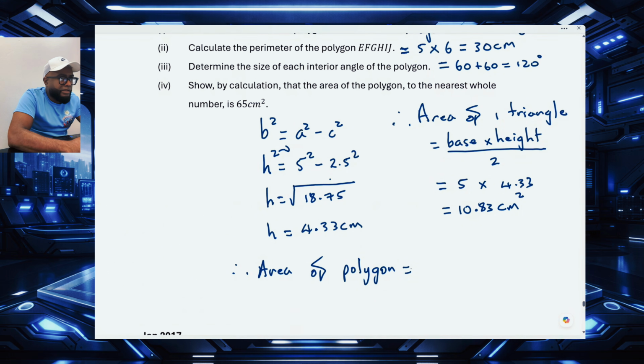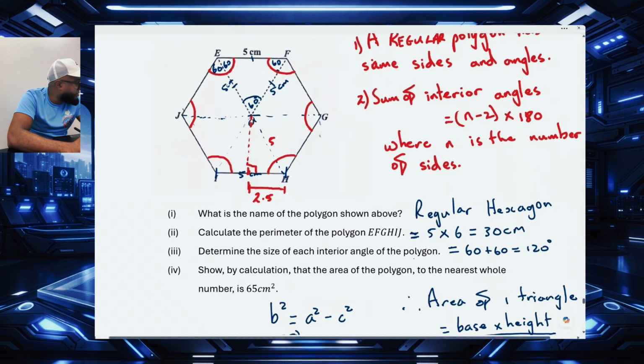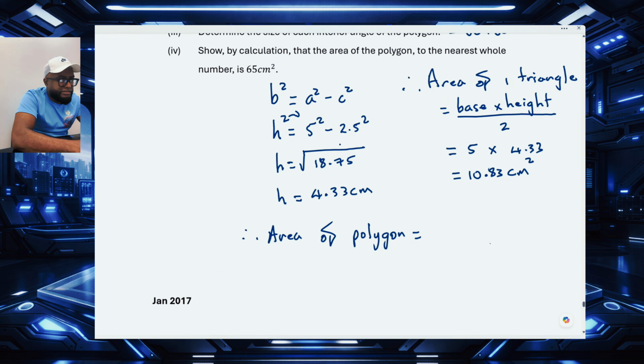Right? So the area of the polygon, how many triangles do we have up here again? 6. Right. So this will be equal to 10.825 when I calculated it, right, which is 10.83, correct.